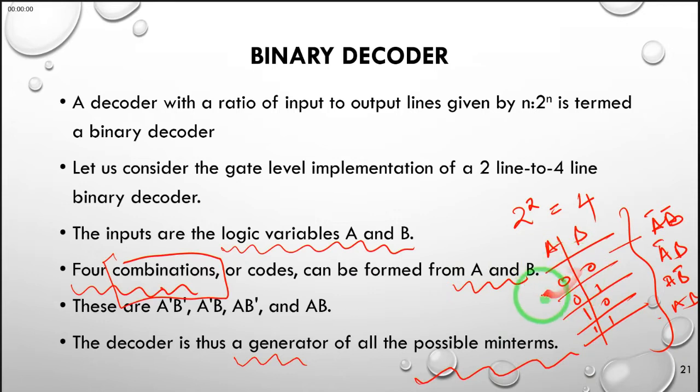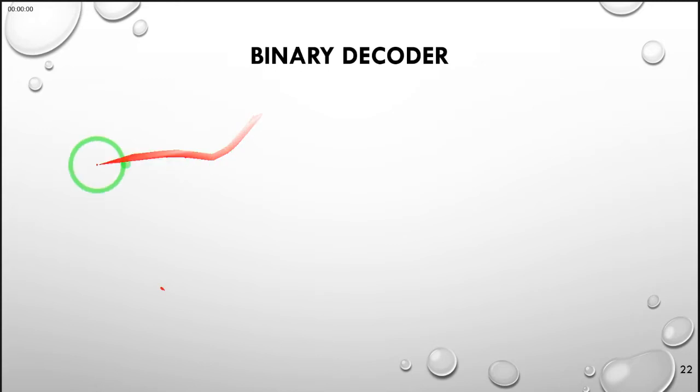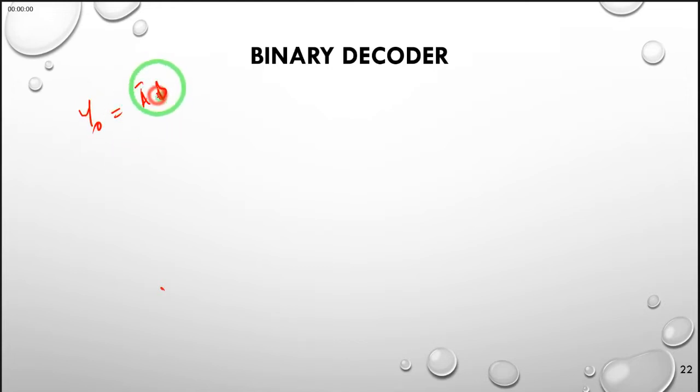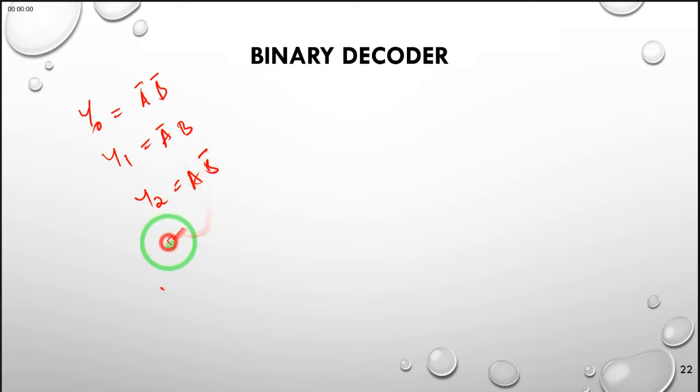Remember we said we can classify these binary combinations as M0, M1, all the way up to M3. So the outputs of a binary decoder are: Y0 is A bar B bar, Y1 is A bar B, Y2 is A B bar, and finally Y3 is A B.